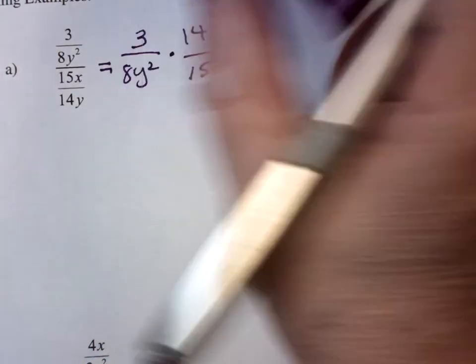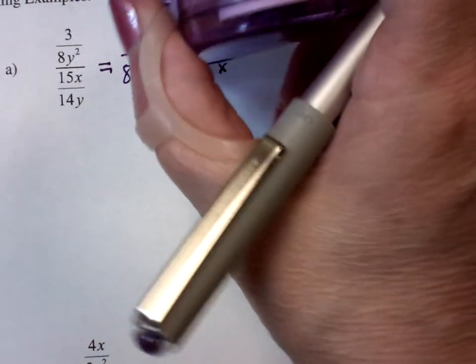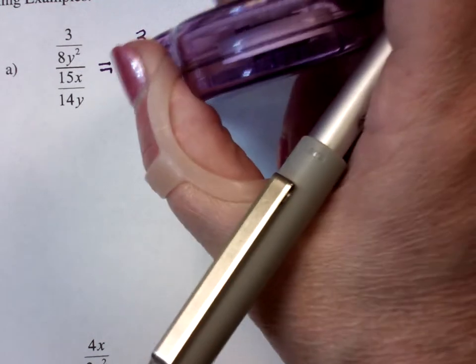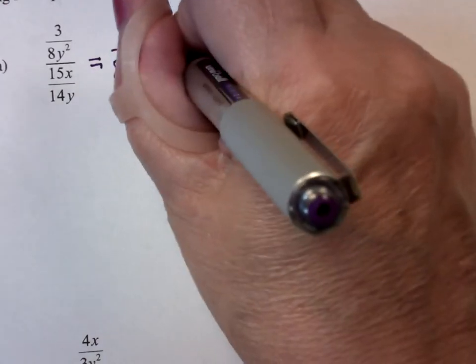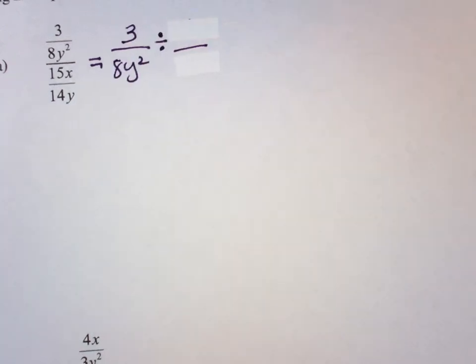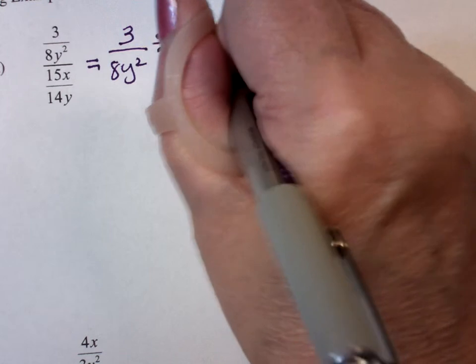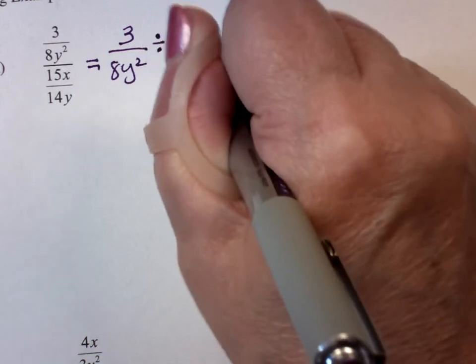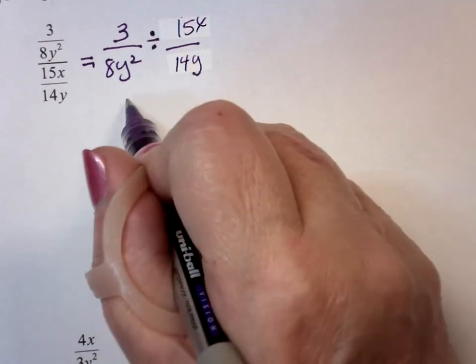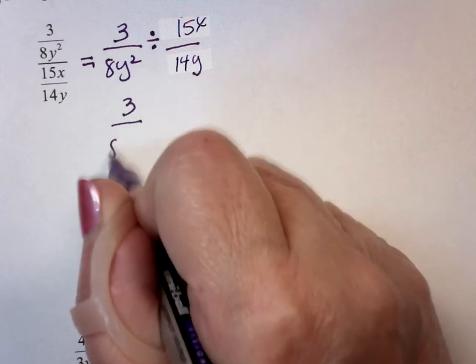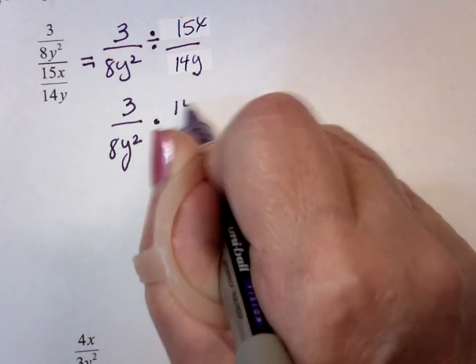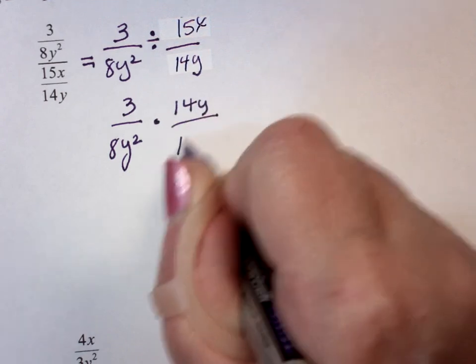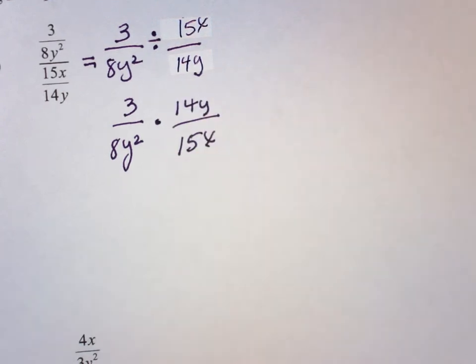I didn't want to do it the way I did it. Divided by 15x over 14y. Now this turns into 3 over 8y squared times 14y over 15x.